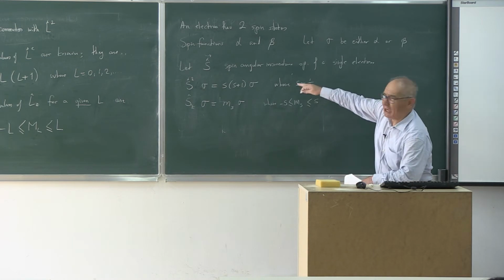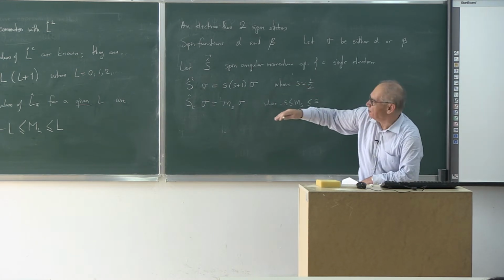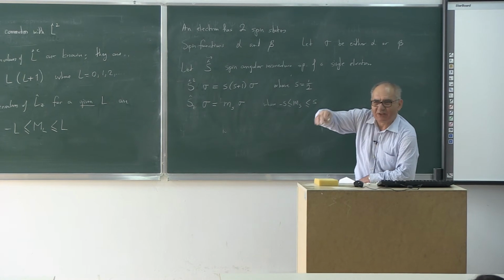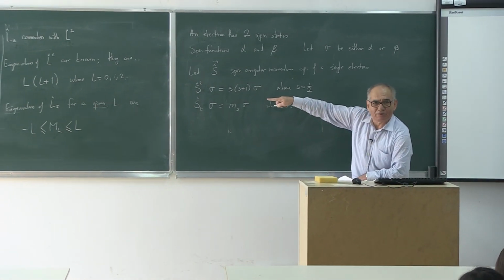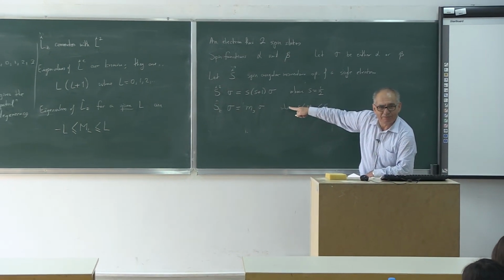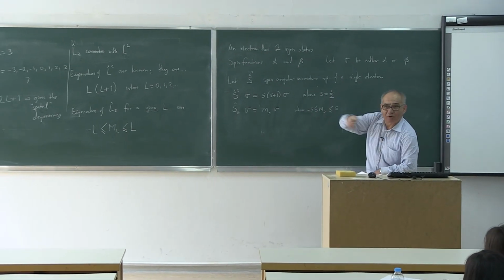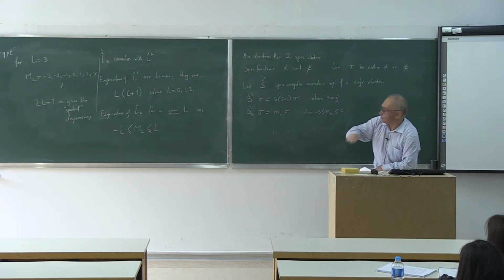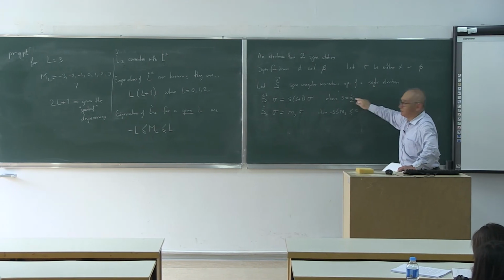Of course, I have used the symbol s here just to emphasize the similarity between orbital angular momentum and spin angular momentum. For a single electron, s has just one value, small s, which is 1/2.